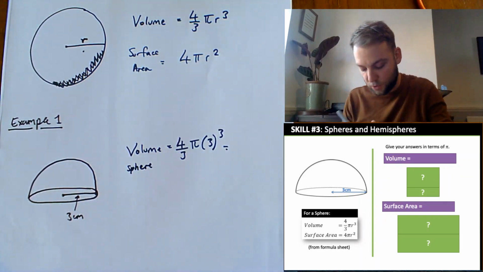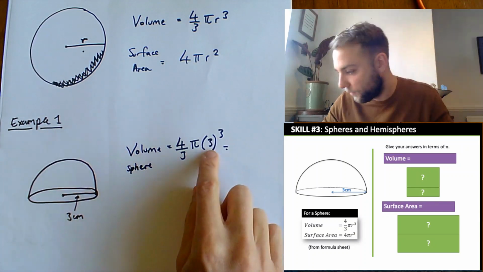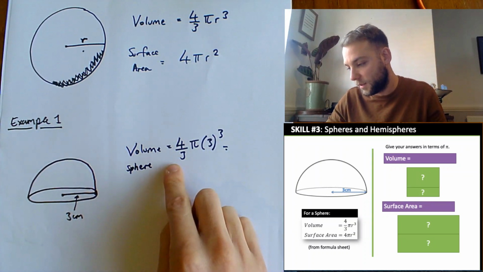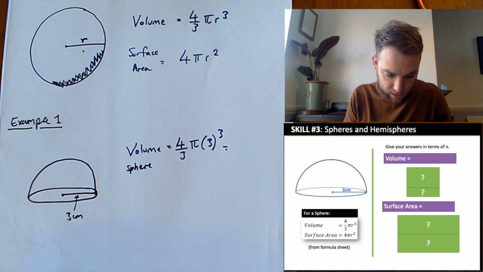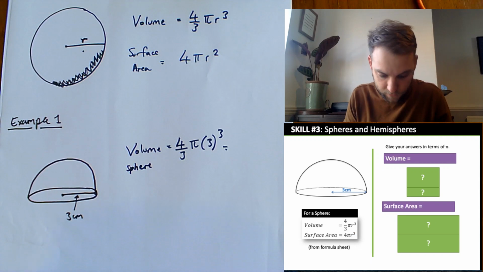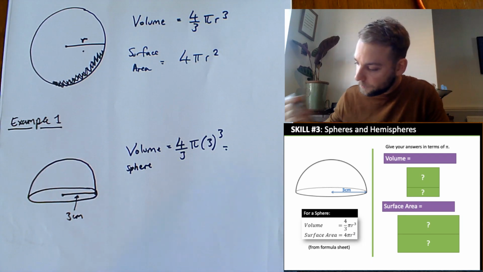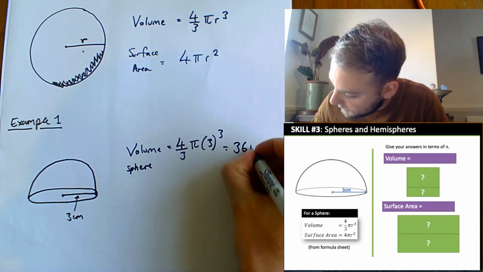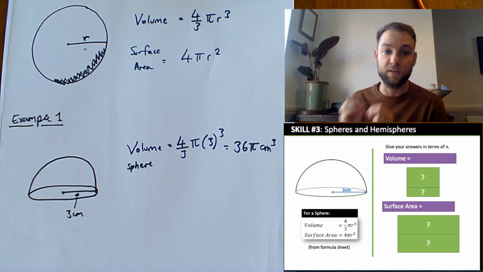That's the volume of a sphere, which in this case you can put straight in your calculator if you want. You can do it without a calculator by doing 3 cubed, which is 27, divided by 3, which is 9, times by 4. Well, I'm going to put this in the calculator: 4/3 times pi times 3 to the power of 3 is equal to 36 pi centimetres cubed, because it's volume.